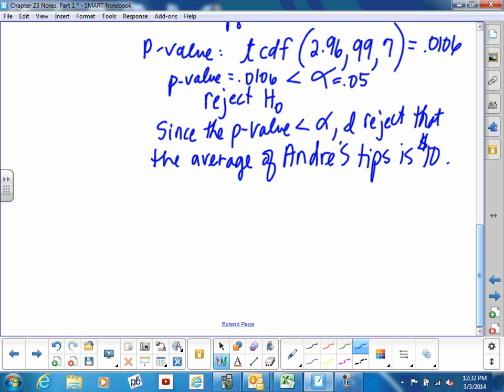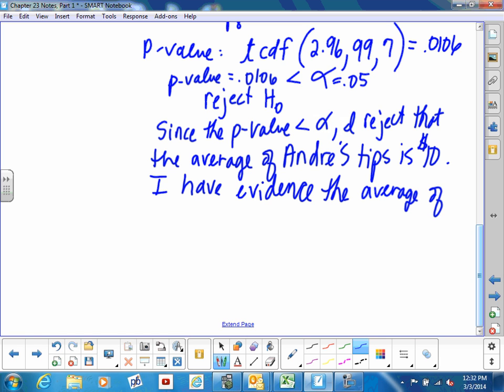I have evidence that what? That the average of Andre's tips is actually greater than $10. I have evidence that the average of Andre's tips is greater than.